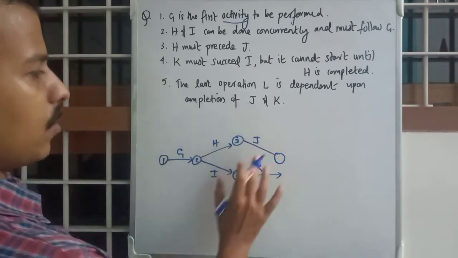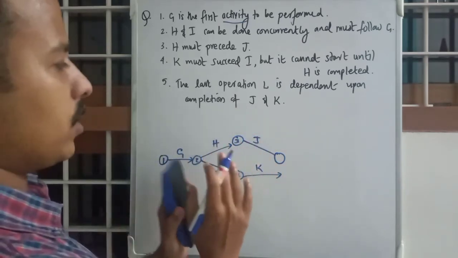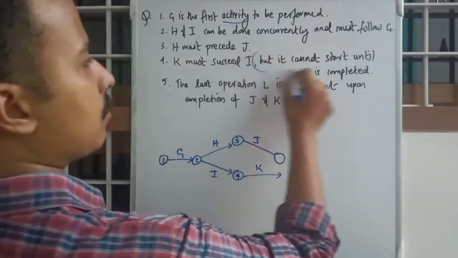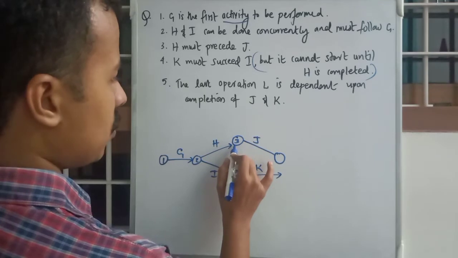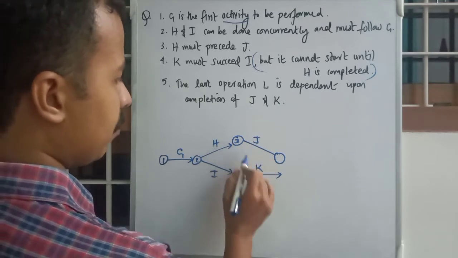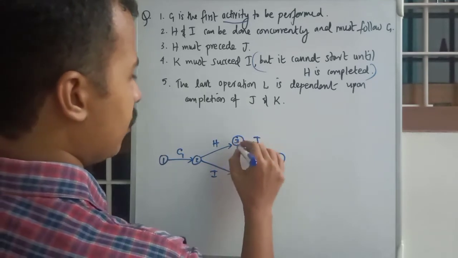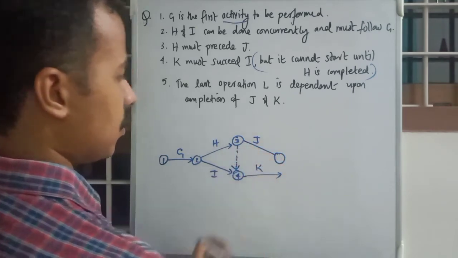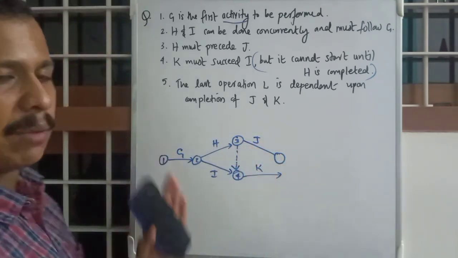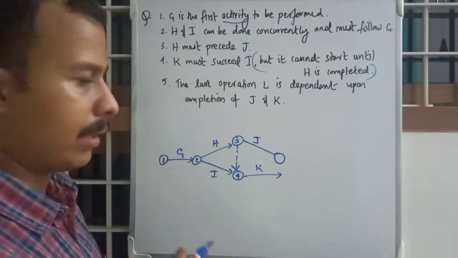So by this scenario, right now the logic is incomplete with this section. So if H should be completed before K, you can use a dummy activity like this. You don't have to name the dummy activity, because that is a dummy activity.